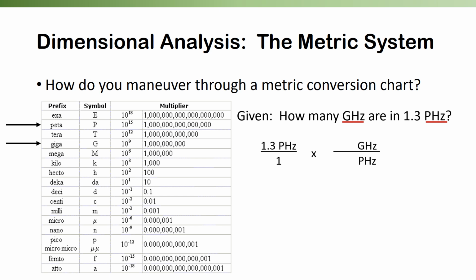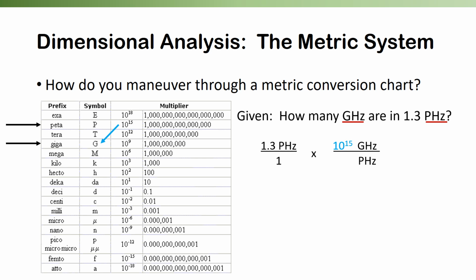Now we're going to go to the chart, and we're going to find our values that we're going to plug in. So for gigahertz, we're going to go to the multiplier for petahertz, and we're going to apply it to our gigahertz. Hey, look, because I have 2 values, I can use my blue and green arrows. Woohoo! All right, so let's see. We're using petahertz multiplier, which is 10 to the 15th, and we're going to drop that into our gigahertz.